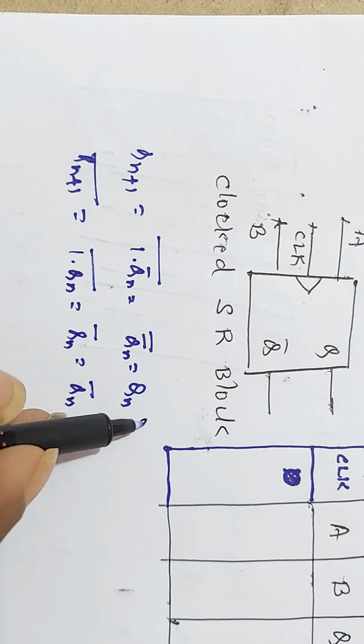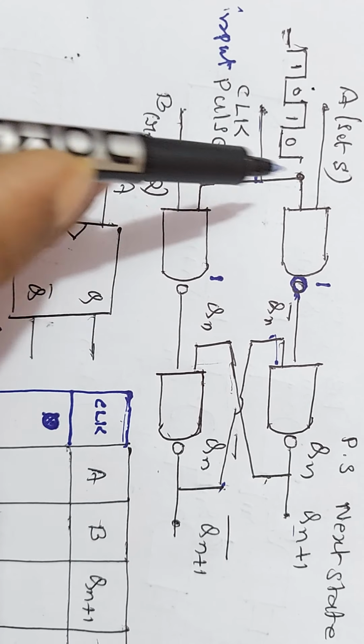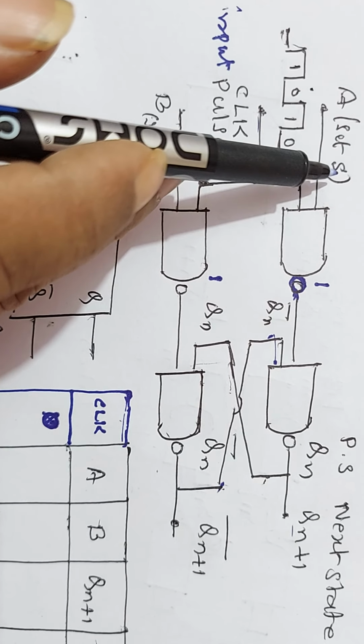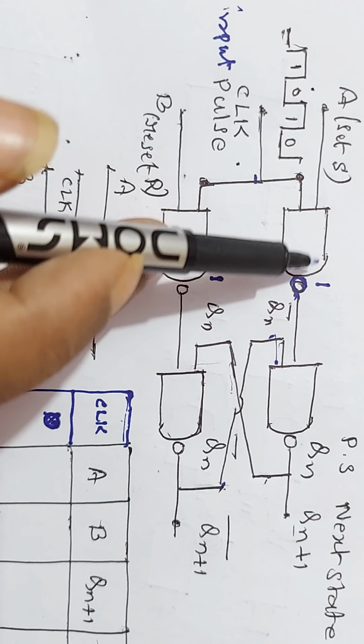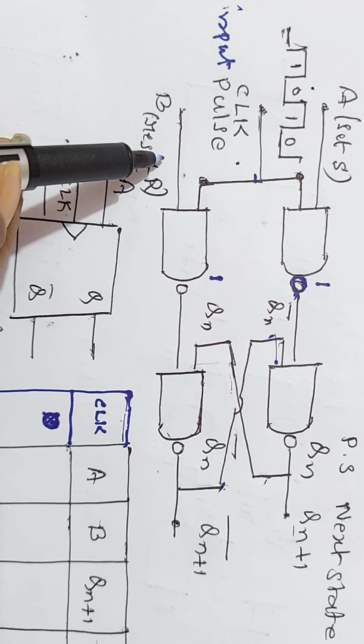When the output remains as Qn and Qn bar, it is called a memory element. Therefore, when the clock pulse is not present, that is, when the clock pulse is 0, whatever may be the inputs S and R, even if S equals 0 or S equals 1, and even if B equals 1 or B equals 0, since one of the inputs is 0, the output is 1.